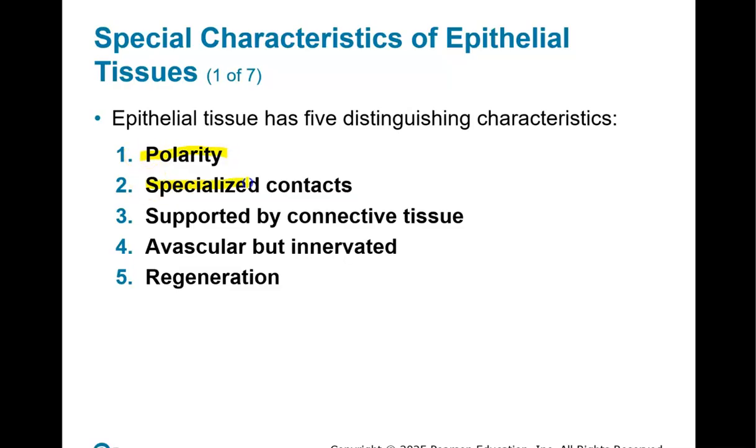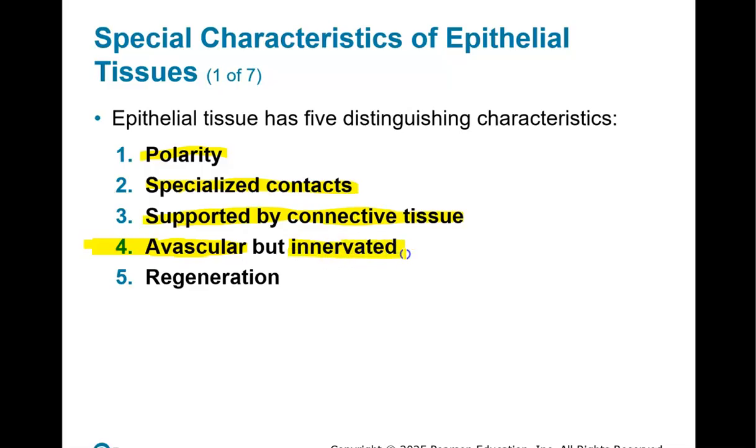Epithelial tissue almost always has connective tissue underneath it. And epithelial tissue does not have a blood supply. The word for that is avascular. But just because it does not have a blood supply does not mean it doesn't have a nerve supply. So epithelial tissue is avascular, no blood supply, but innervated.